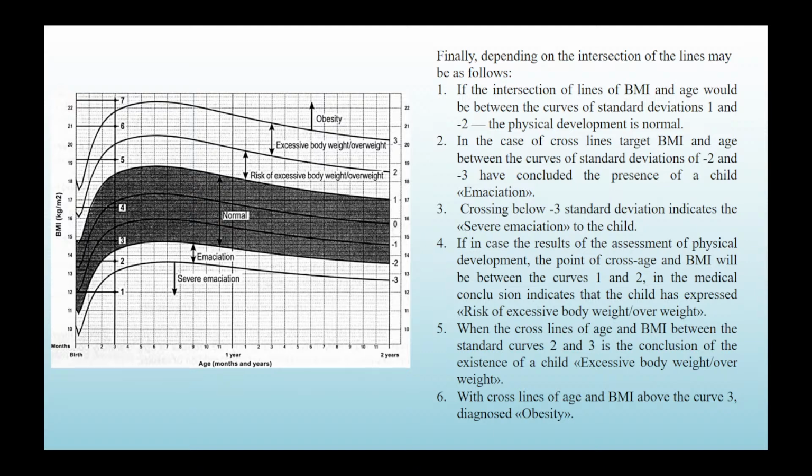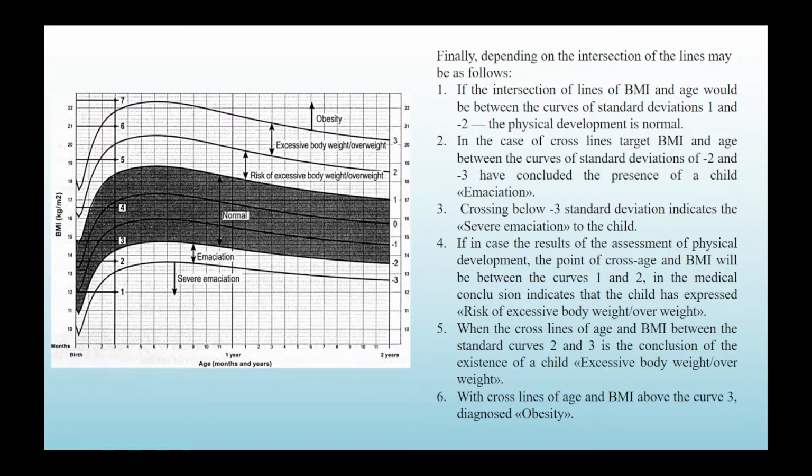If the lines cross between the curves of standard deviation -2 and -3, we conclude the child has emaciation. Below -3 standard deviation indicates severe emaciation of the child.